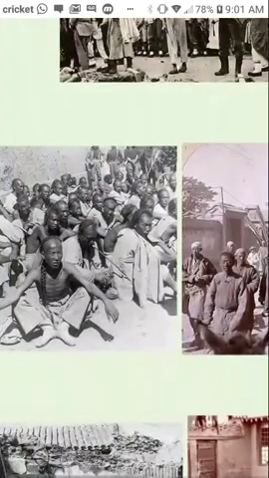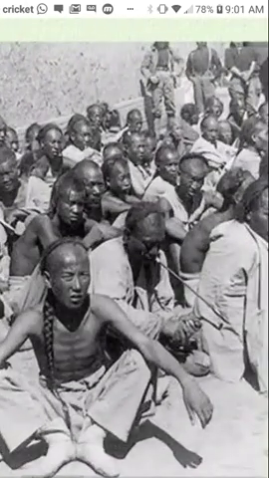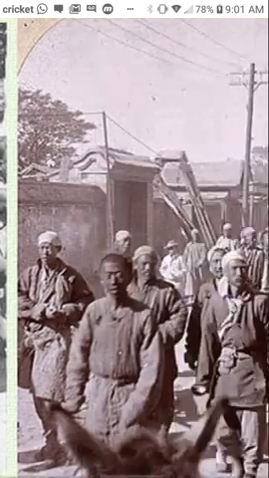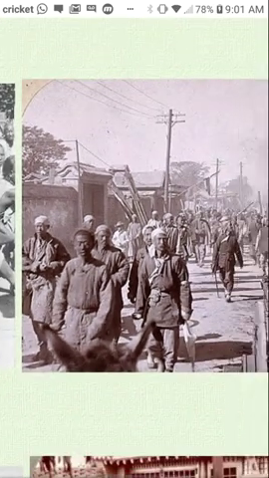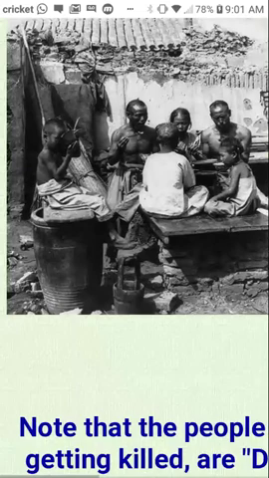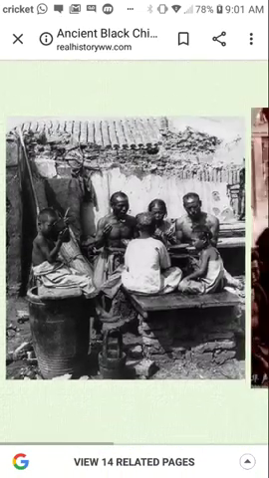Okay, these are black peoples. The original peoples of China, original Asians. Look at these beautiful black peoples. Black. See, Asia's still black. Black skin peoples. Black skin peoples. Asians.